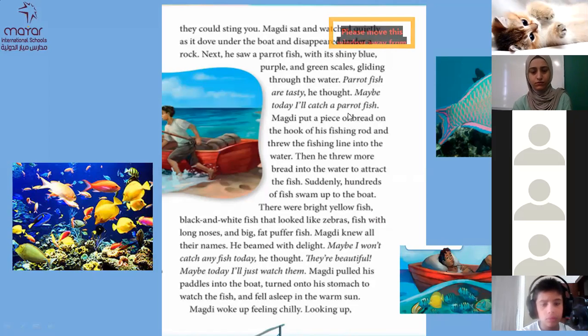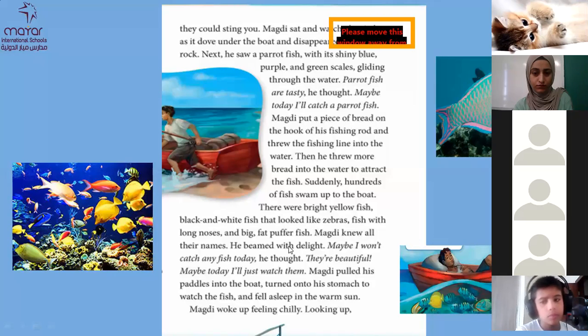Maybe today I'll catch a parrotfish. Majdi put a piece of bread on the hook of his fishing rod and threw the fishing line into the water. Then he threw more bread into the water to attract the fish. Suddenly, hundreds of fish swam up to the boat. They were bright yellow fish, black and white fish that looked like zebras, fish with long noses and big fat puffer fish.